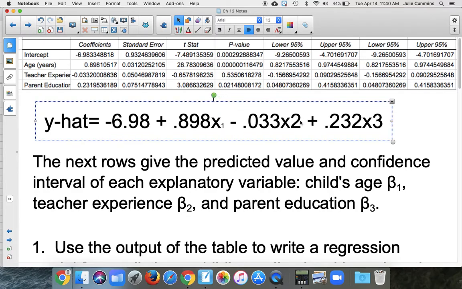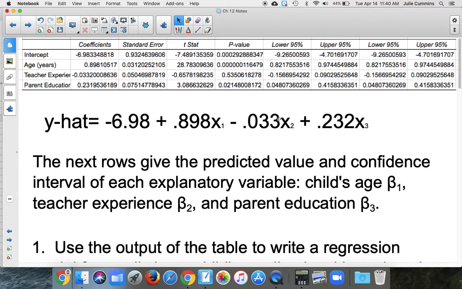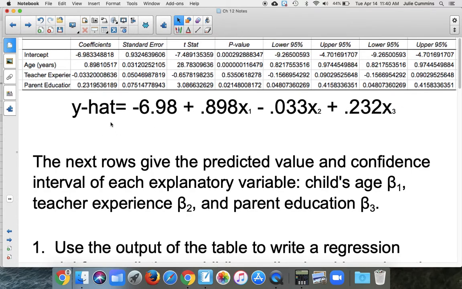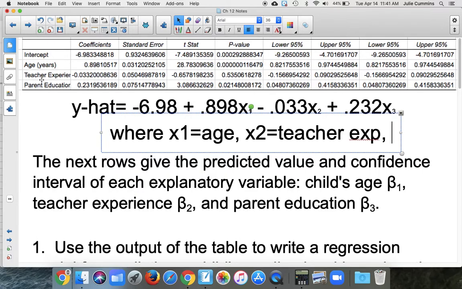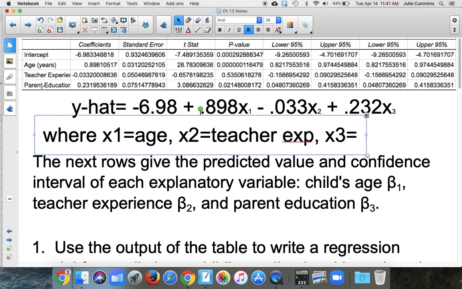There. Okay. Now, the other thing that you need to make sure you do with this is say what x1, x2, and x3 are. This answer right here is not good enough. So what we'll do is say where x1 was age, x2 is teacher experience, and x3 is parent education.